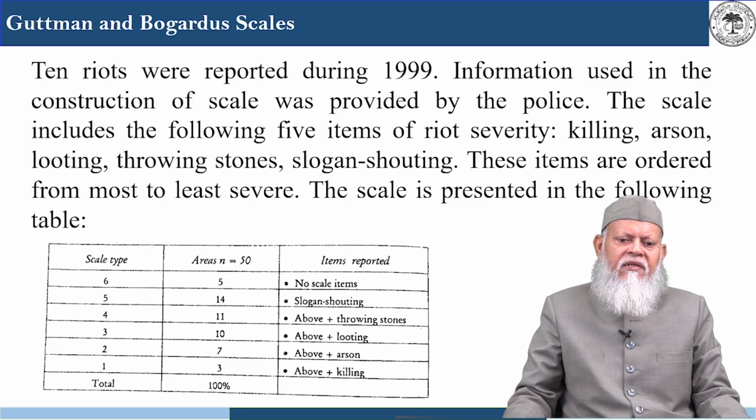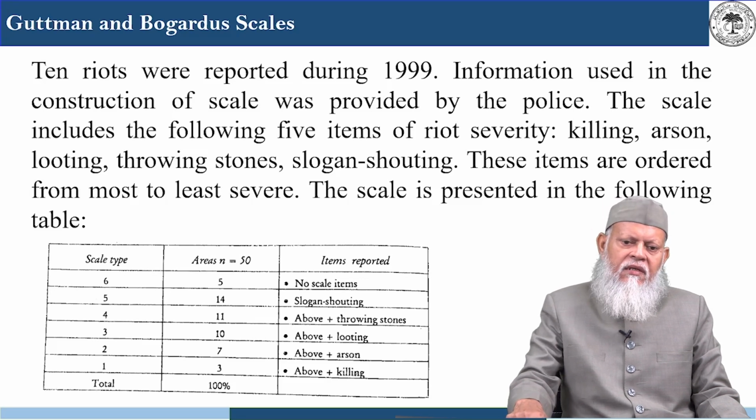According to severity we have arranged it, and we have got the areas 5%, 14%, 11%, 10%, 7%, and 33%, and that way we know the attitude of the people towards a certain kind of phenomenon, that is the caste riot.